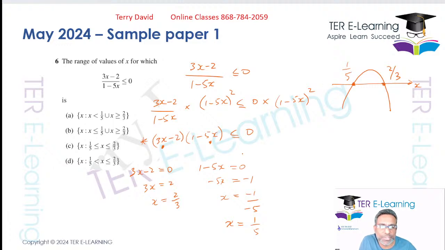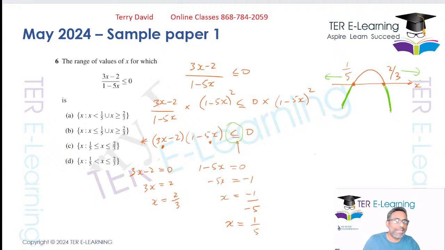Now, the next thing we're going to do is look at the inequality sign. It says less than or equal to. So in your thought process, you have to ask yourself, what part of my graph is below the x-axis? That's what this less than sign is telling me. So it's below here, and it's also below it here. That means that any value of x less than 1/5 and any value of x more than 2/3 will be the answer.